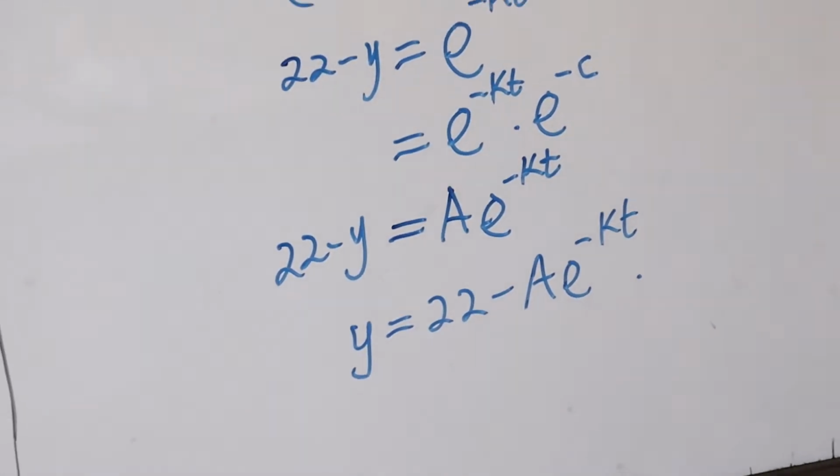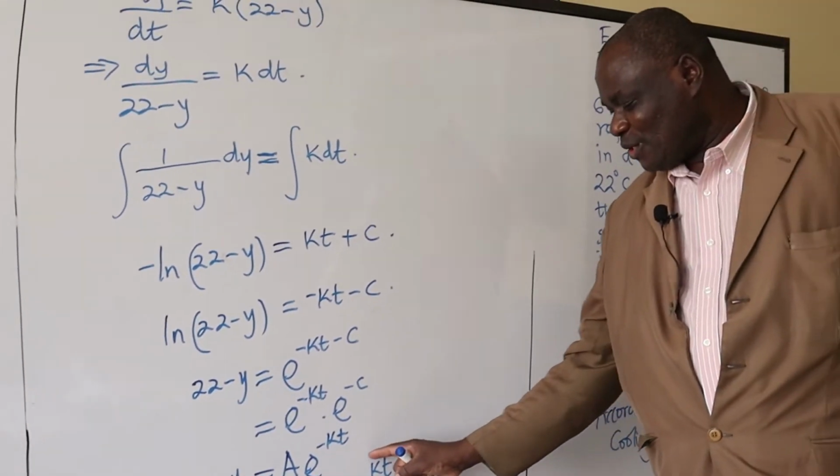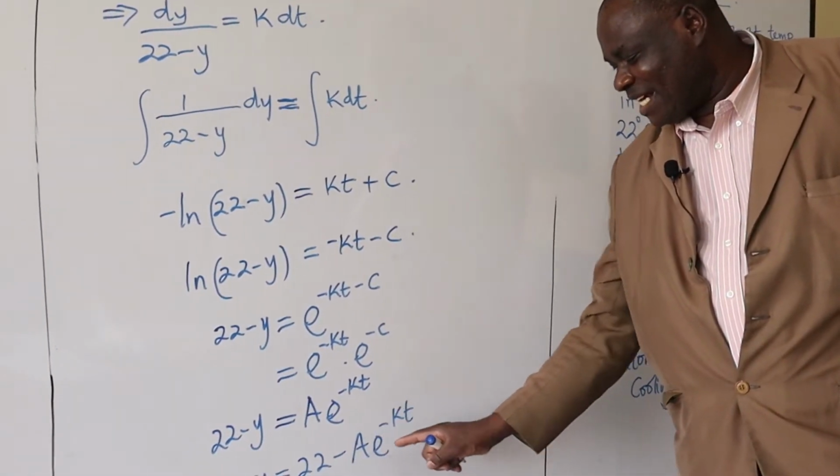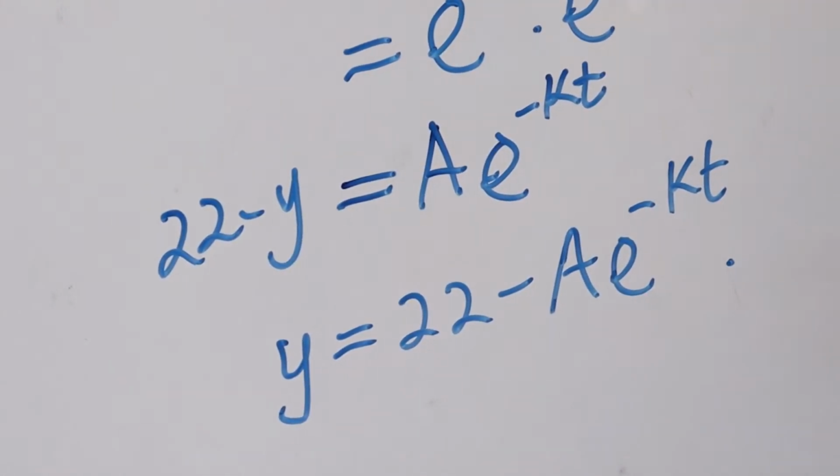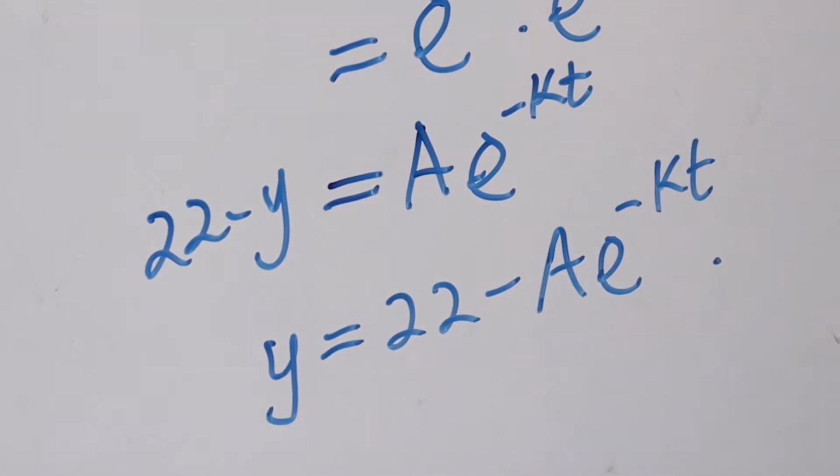But there were some conditions given that we need to use so that we can get the arbitrary constants a and k, so that we get a particular solution of the differential equation.